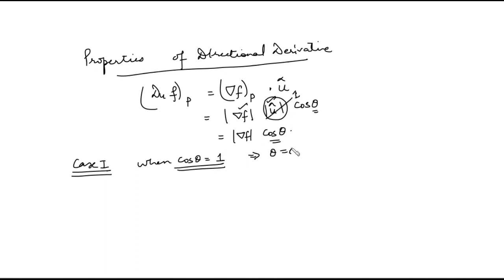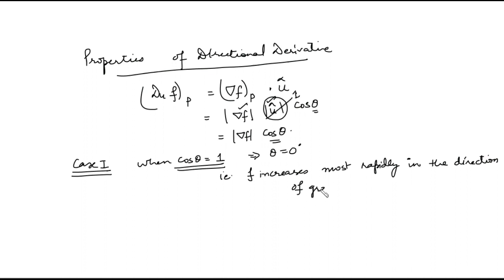Theta is 0. That means the direction of f and the unit vector are both the same. So f increases most rapidly in the direction of the gradient of f, right? Means in the direction of del f, because when the direction and del f direction are both the same, in that case theta will be 0 and we will get the maximum value of the derivative.